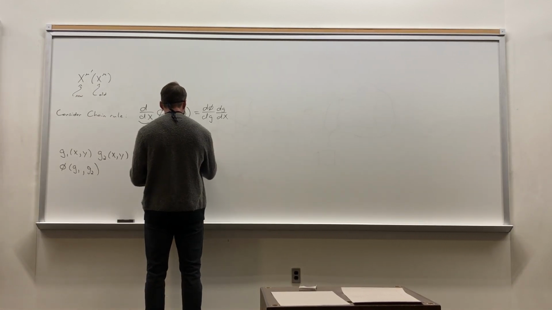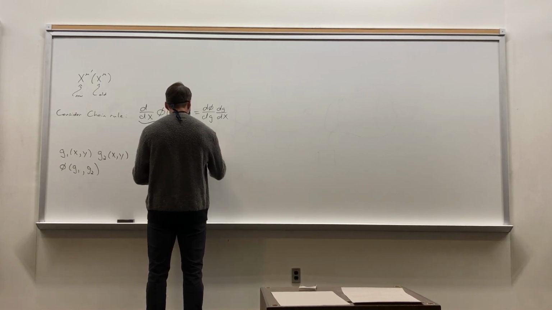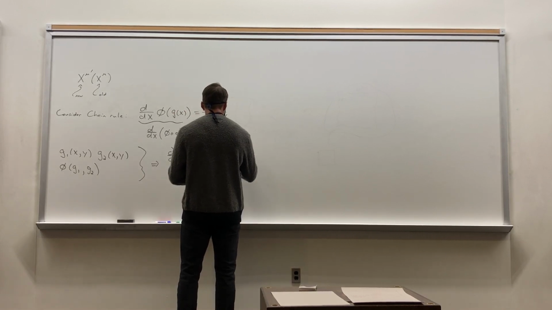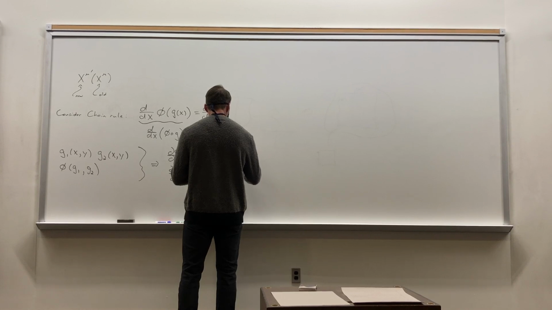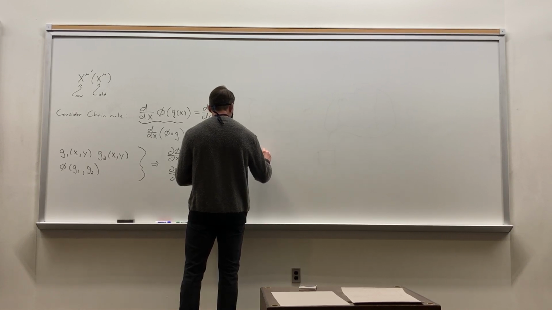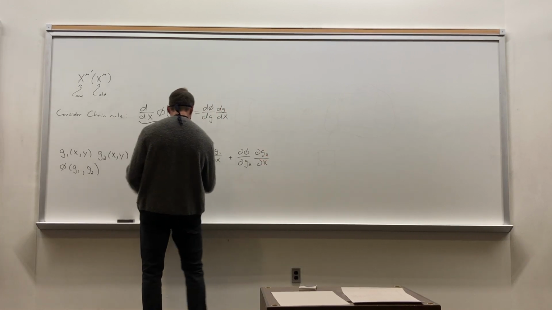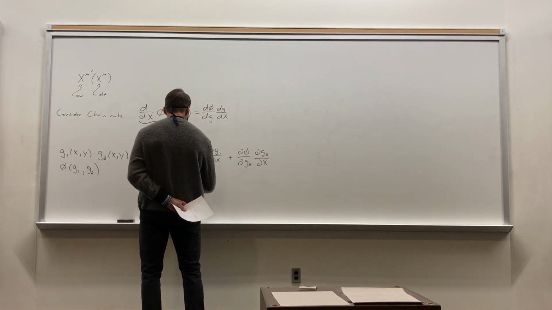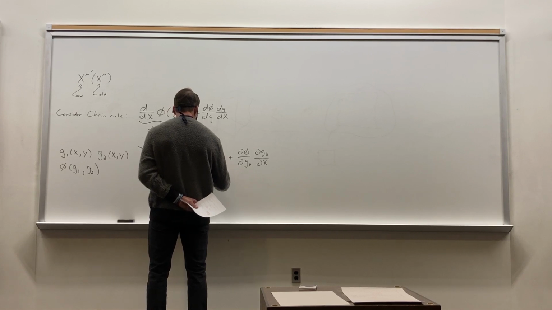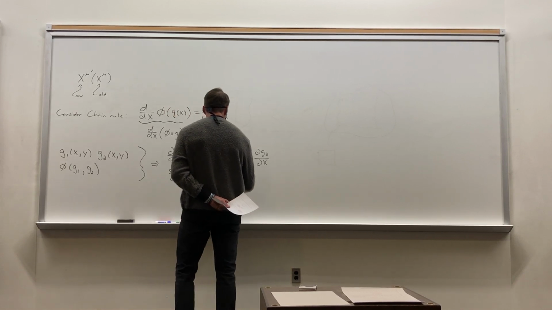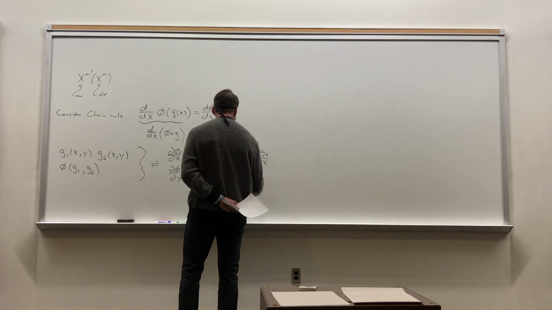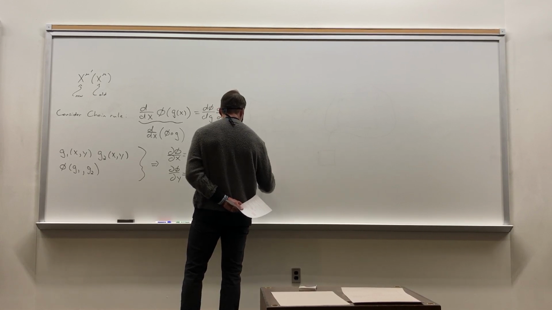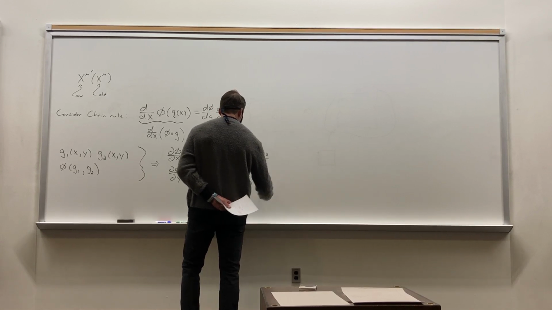We have partial phi, partial g1, partial g1, partial x, plus partial phi, partial g2, partial g2, partial x. And then we have partial phi, partial g1, partial g1, partial y, plus partial phi, partial g2, partial g2, partial y.